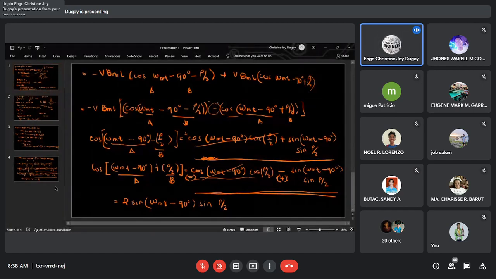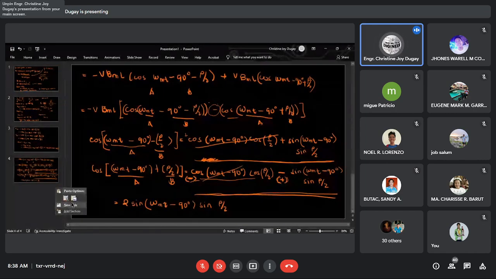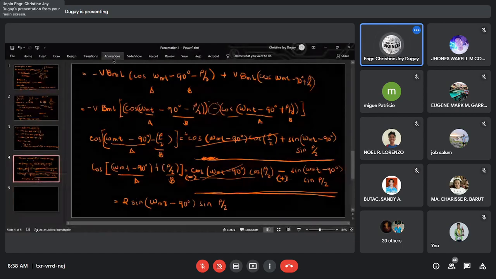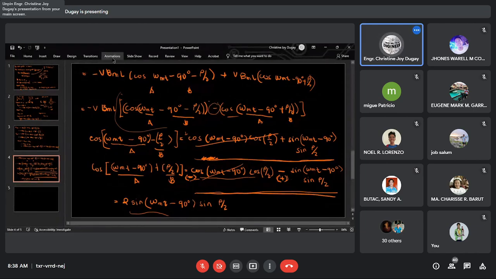Okay? If that is the case, kopyahin na lang natin kung ano yung natira dito. Ito hindi ko pa minultiply, no? Si cosine pa lang po muna ang ginawa ko. Hindi ko pa siya minultiply kay negative VBML. So kung kukunin natin ito, negative VBML at saka ito, i-multiply na lang natin siya.